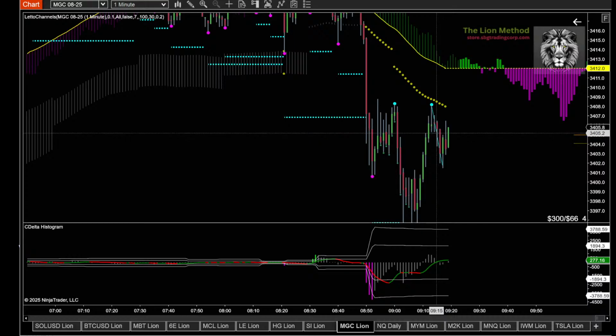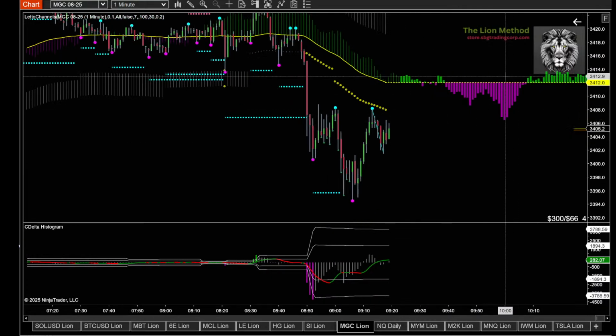All right, so we got another setup here in gold. This could be the trade right here. I'm gonna get ready. I don't like it that we're having a tendency to be down, but we got 918 here, Aaron.